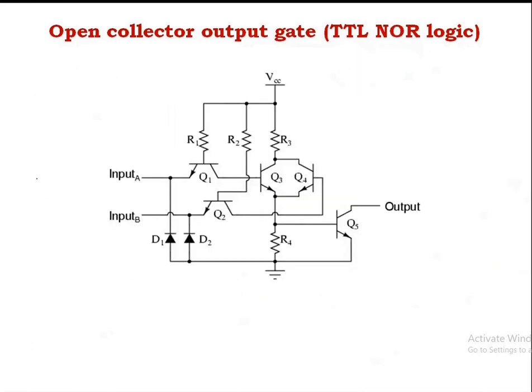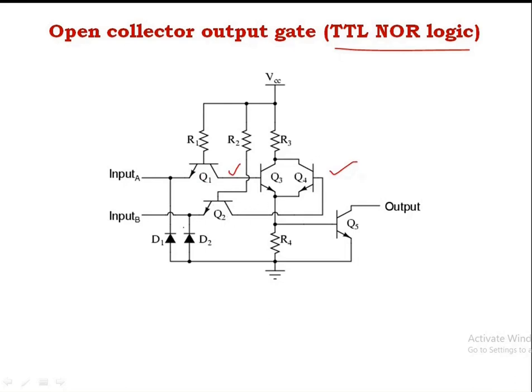So like this you have to form your logics. So this is NOR. See, NOR logic means here you can see that you have to connect in parallel. So here Q1 is connected to Q3 and Q2 is connected to Q4. You can see here Q3 is connected to Q1 and Q4 is connected to Q2.